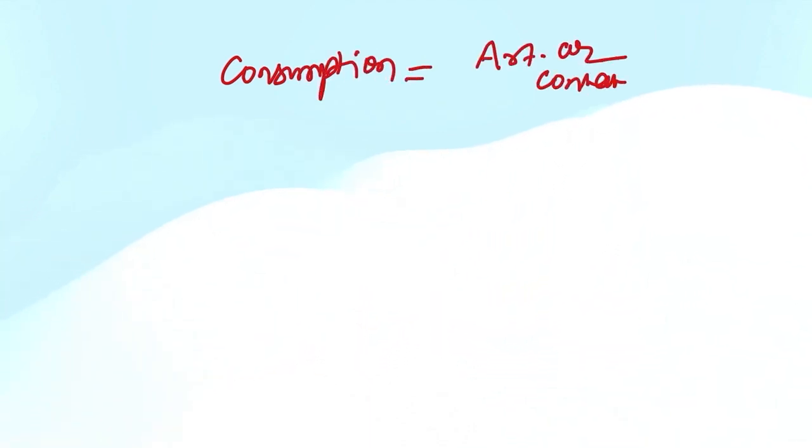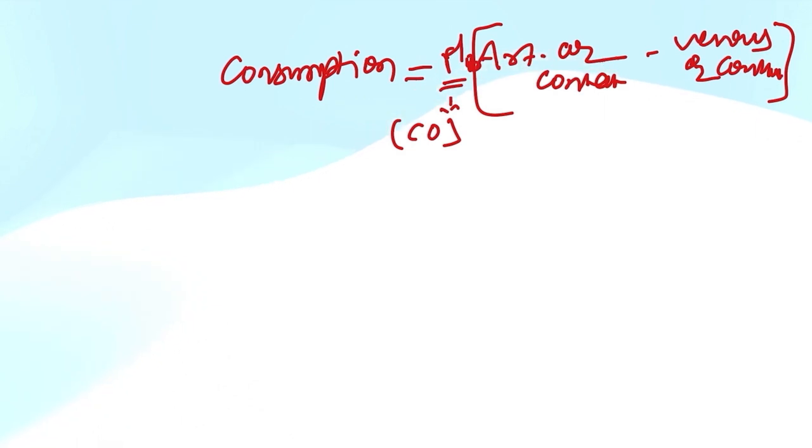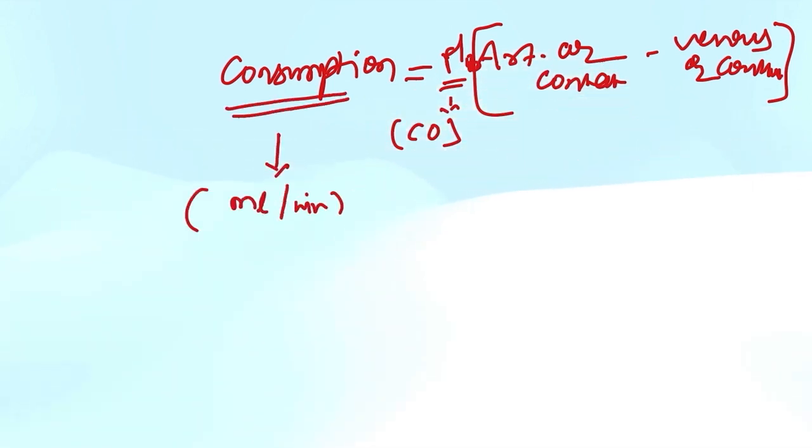So from the formula, oxygen consumption is equal to arterial oxygen content minus venous oxygen content into flow, or the cardiac output. Okay, and in this formula oxygen consumption is expressed as ml per minute, which is termed as VO2.